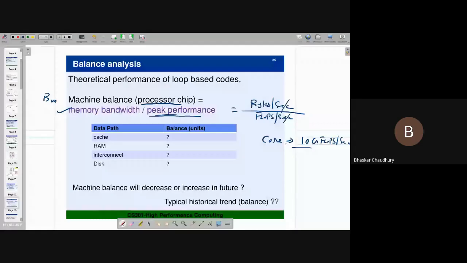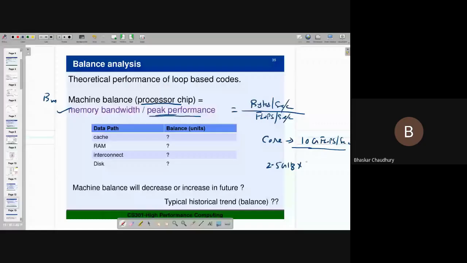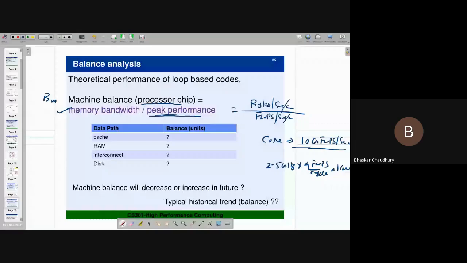This part is clear to all of you, right? So I got this denominator, which is fixed for a given machine: 10 gigaflops per second.